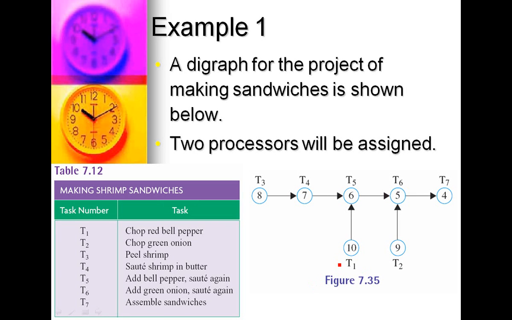The largest value comes first, so that's T1 first, and then T2, then T3, then T4, then T5, T6, and T7. So it's just in order, largest to smallest. So we're going to put this on 2 processors.